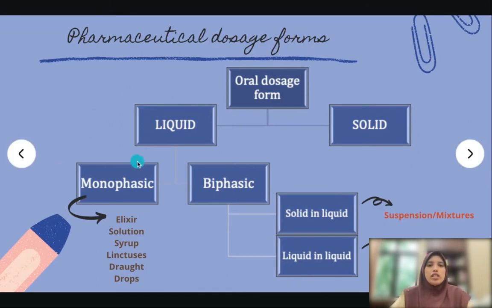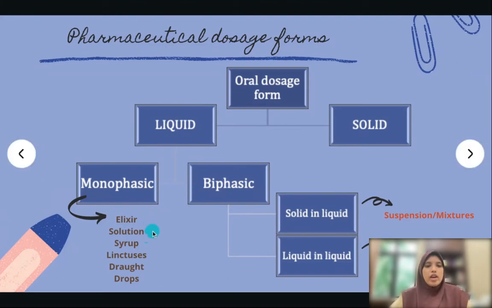So the liquid oral dosage form can be divided into either monophasic or biphasic. What does it mean by monophasic and biphasic? Monophasic means one phase. Everything is soluble. So this will refer to solutions. As I explained earlier on, there are different types of solution.